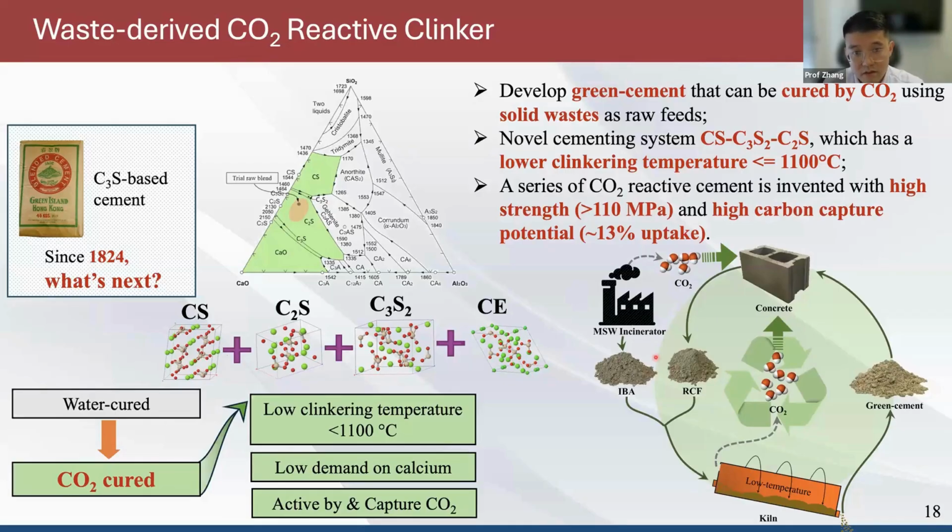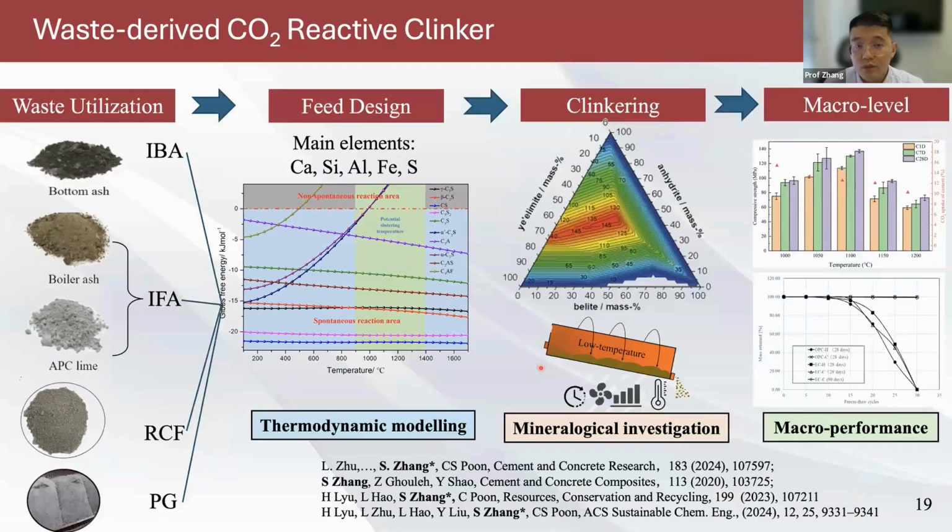So we developed an entire system to do clinker design and cement making. Starting with utilization, the solid waste we utilized includes incineration bottom ash and incineration fly ash, which are generated from the incineration of municipal solid waste.